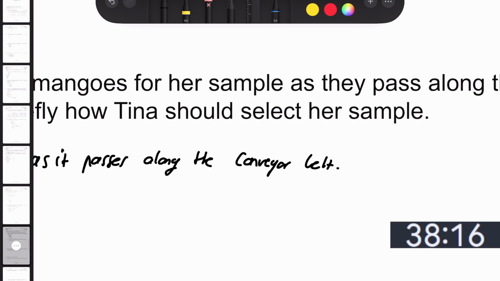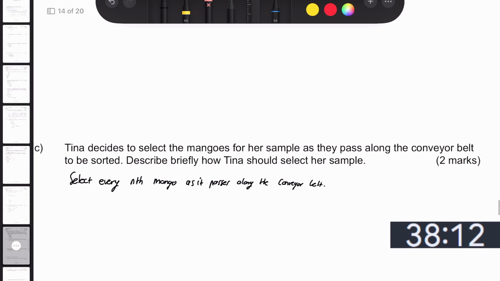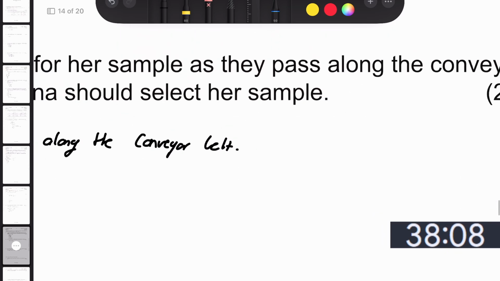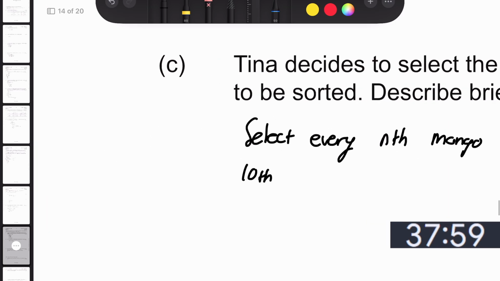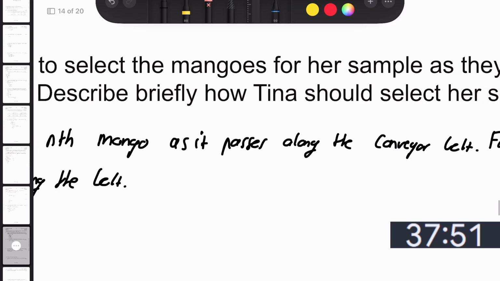This is okay as the order will be random. For example, every 10th mango along the belt. This is valid or reasonable.